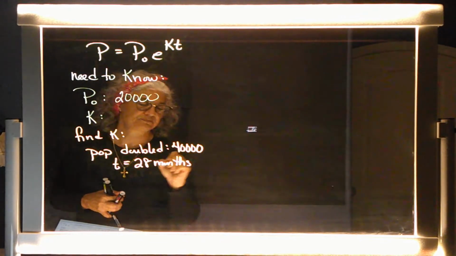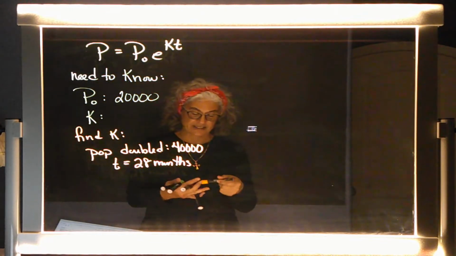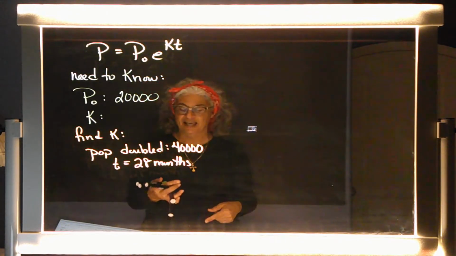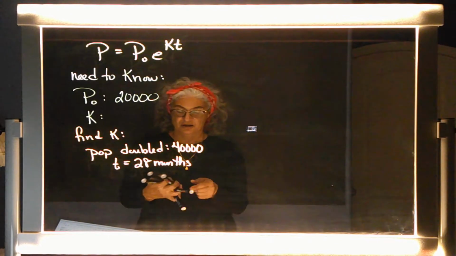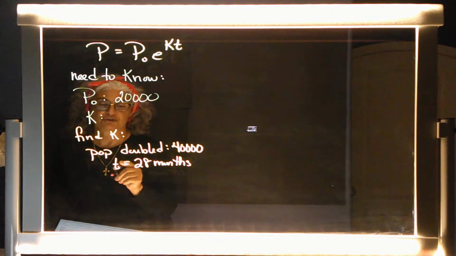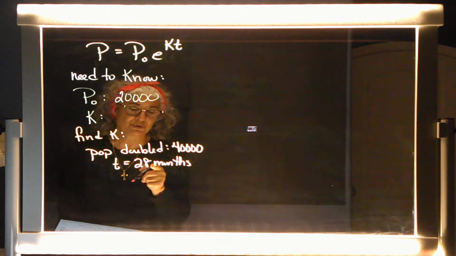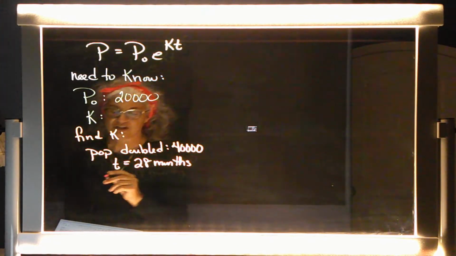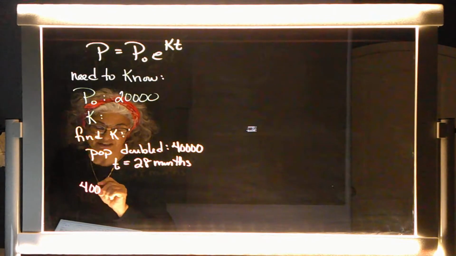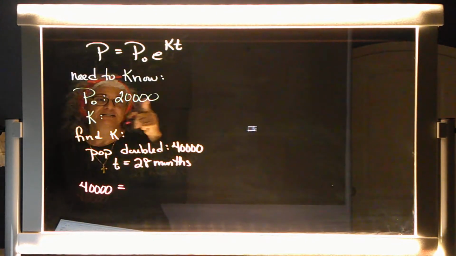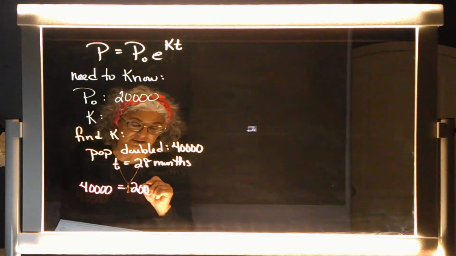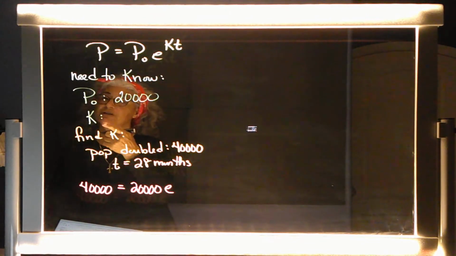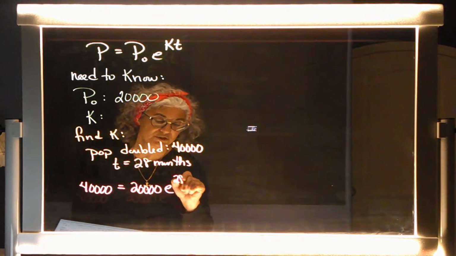So that gives me an idea of how to set things up so I can find K. At the end of 28 months, we had 40,000, so my 40,000 is the ending. My initial amount was 20,000 people. E is raised to the K, since I'm looking for K, and the time was 28 months.